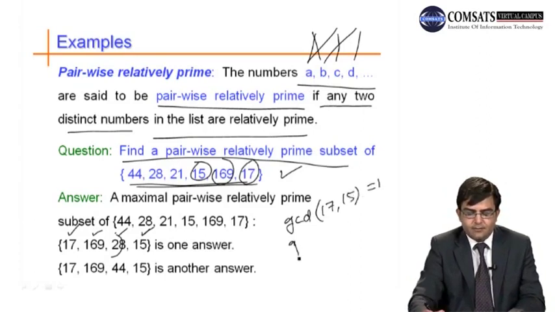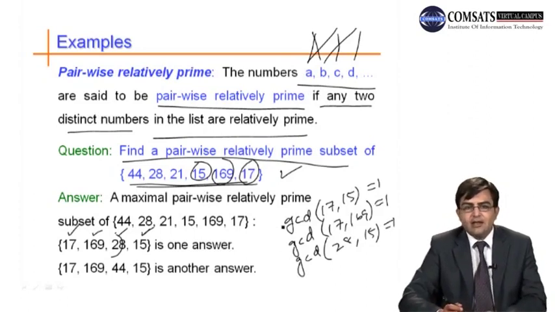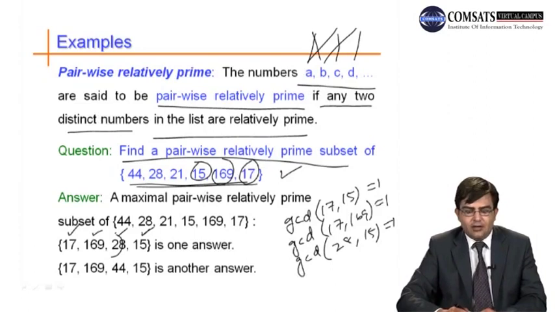The GCD of 17 and 15 is 1. The GCD of 17 and 169 is also 1. The GCD of 28 and 15 is also 1. So if you take any two numbers, the GCD of these two numbers must be equal to 1.